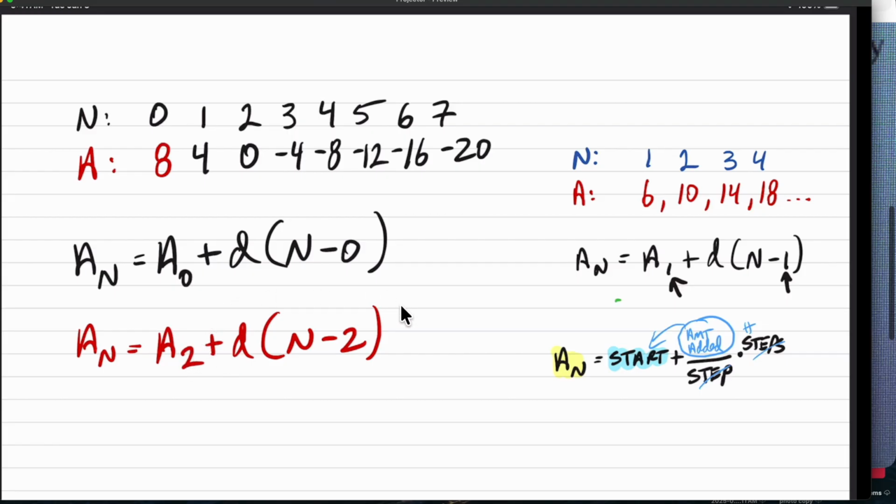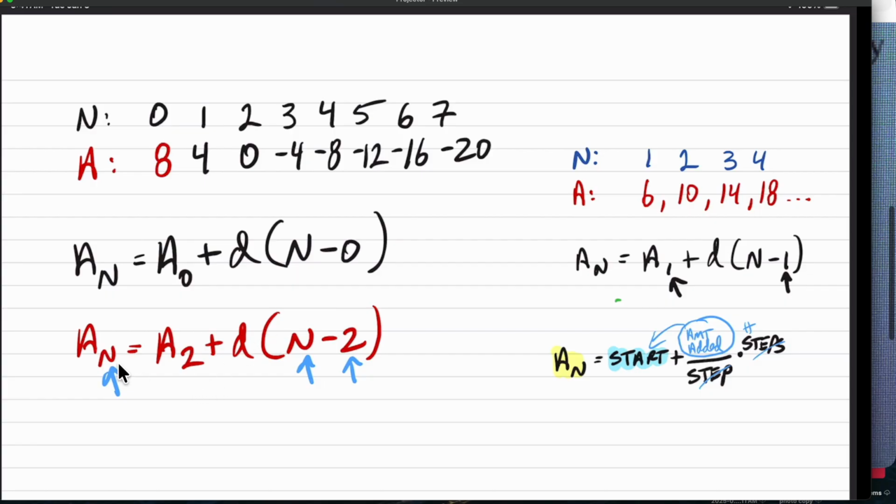And we're going to add to that the common difference times the number of steps we take. How do we know this is the number of steps we take? Because n is our ending point, and 2 is the starting point.